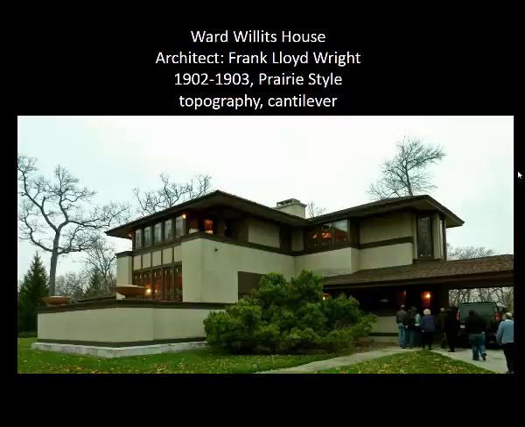You have lots of porches and balconies that are intended to merge the structure with the surrounding landscape. And this is important. This is Wright's idea of organic architecture, unifying the inside with the out. Now, this home that we see here is considered to be one of the first manifestations of the Prairie style, having the features that I've just explained to you.